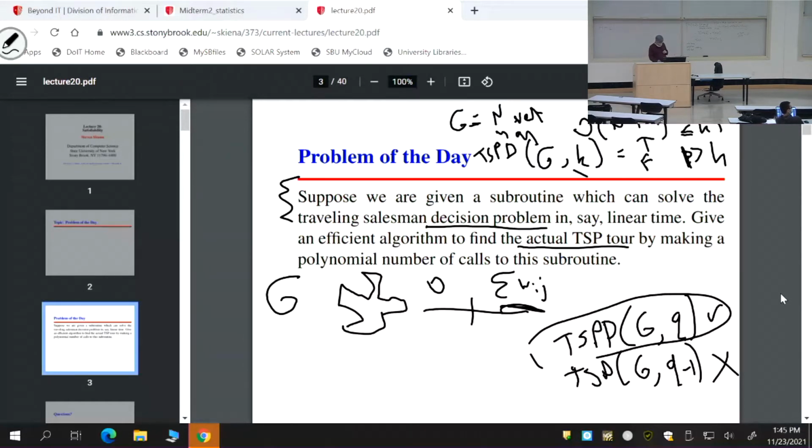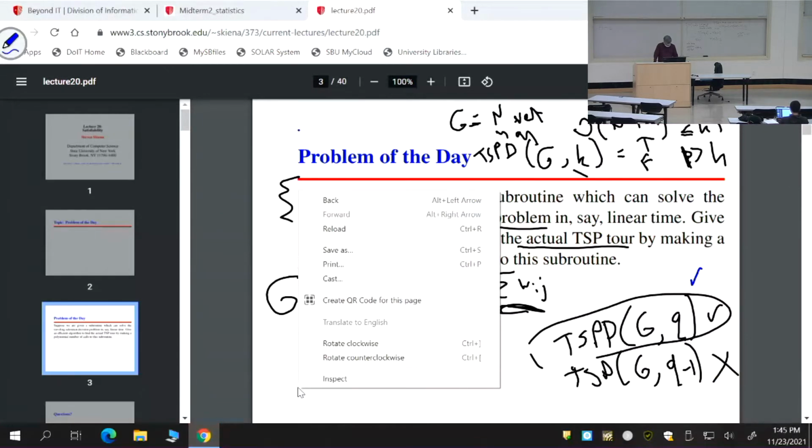What if I have a world where there is an optimal TSP tour, and there are other edges in this graph? What could I do once I know that this TSP tour is of size Q? What if I take my graph G?